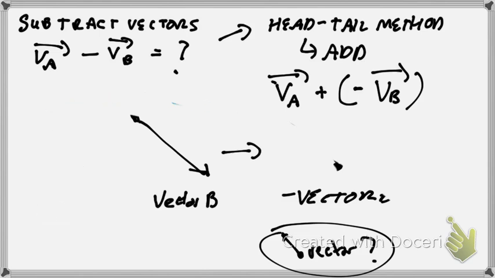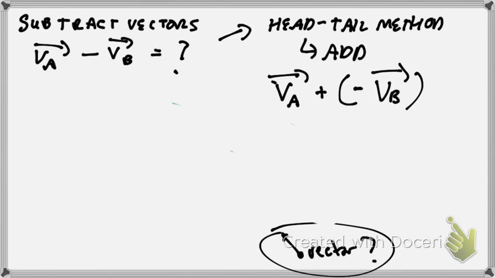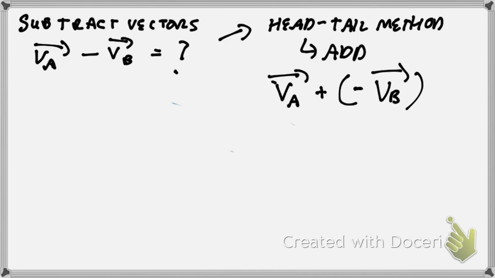The next way we can do this is to subtract the vectors directly. It's a new way: you have to put both the heads together.